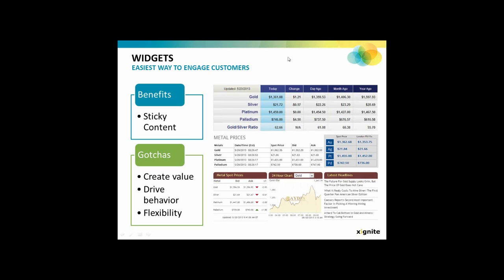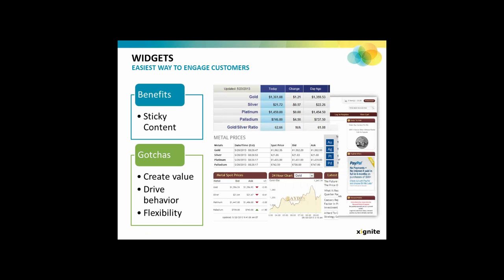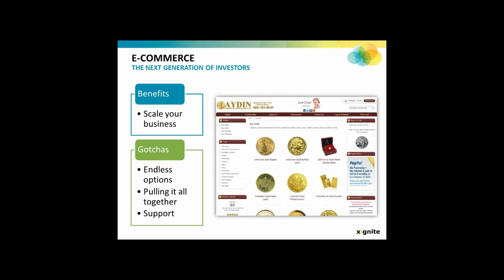That's great. Now, the widget is the entry point. You have done work that goes a lot more deeply inside the firm's business. What you've done is use metal pricing to integrate with a client's e-commerce infrastructure, allowing them to sell products and buy products online, completely integrated with the real-time price feed.